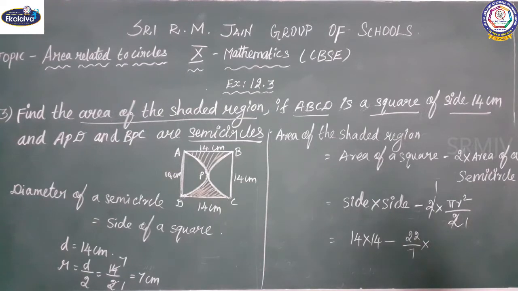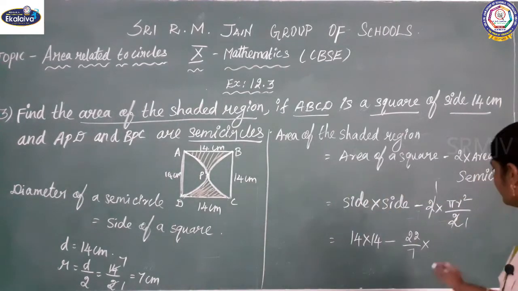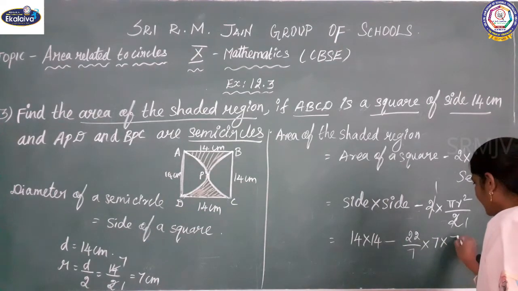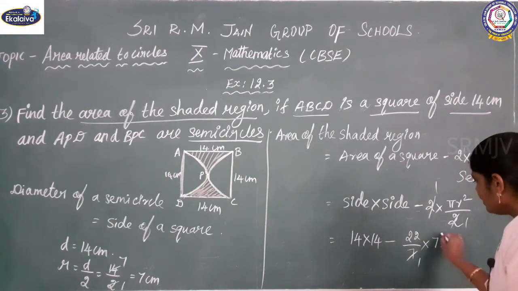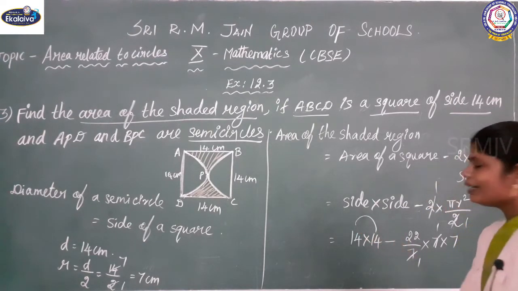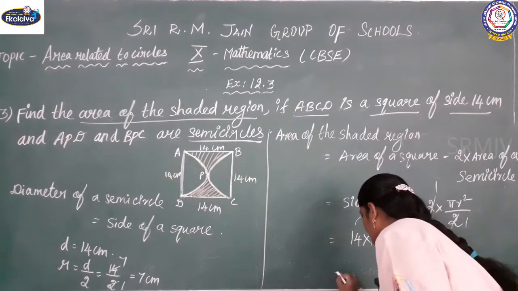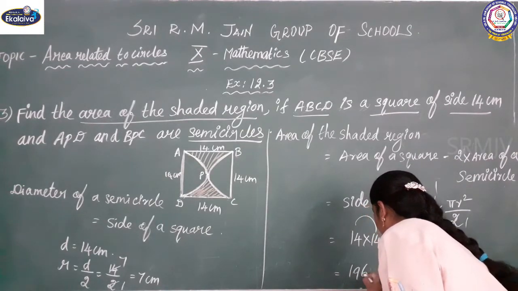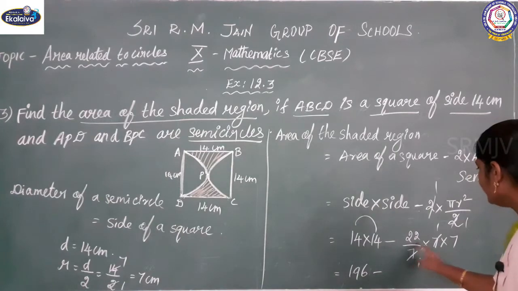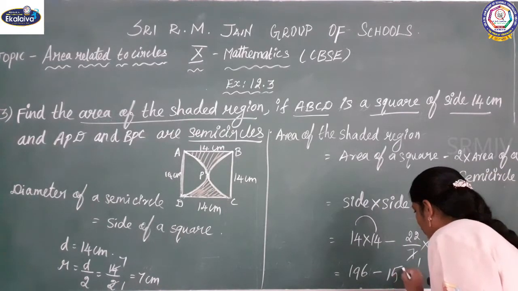R square means r into r. So here radius is 7 centimeter. So 7 into 7. 7 ones are 7, 7 ones are 7. So when we multiply this, what you will get, children? 14 into 14, 196. So 196 minus 22 into 7. What you will get? 154.